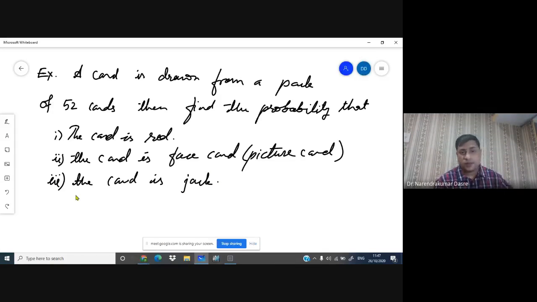These are the different events, and we have to find out the probability of each of these events.